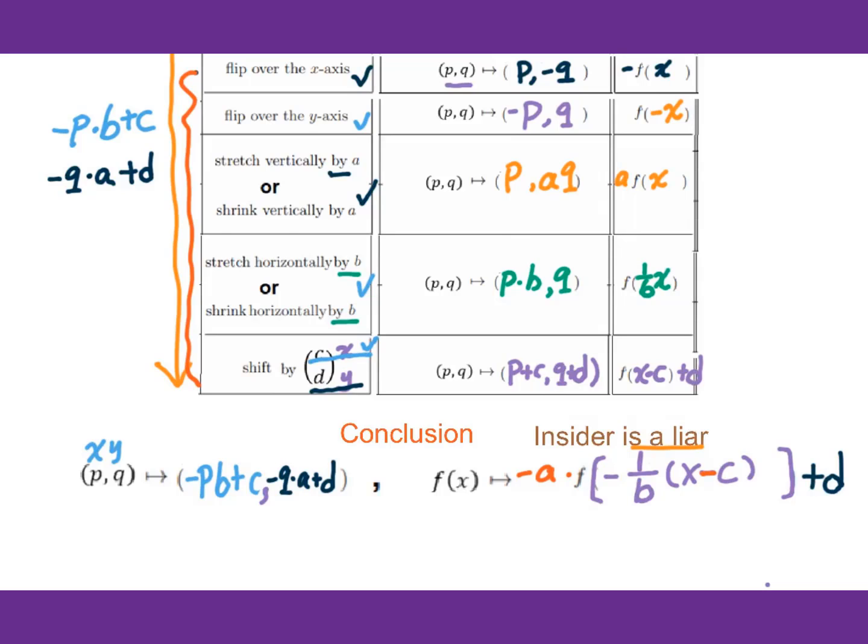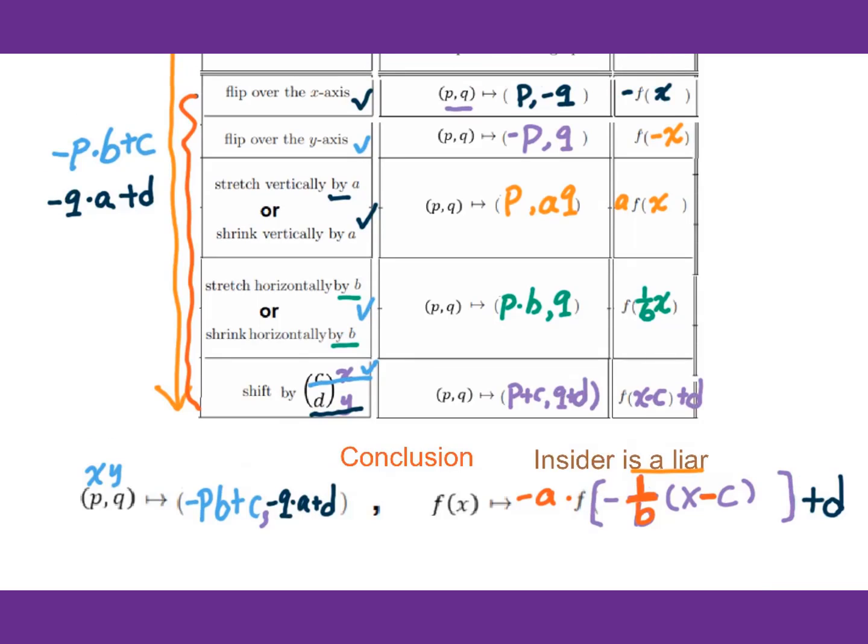You see here's x minus c, this is 1 over b. Because this is 1 over b and x minus c, that's the reason we said inside is a liar. Whenever they're dealing with x for the function, it is a liar.